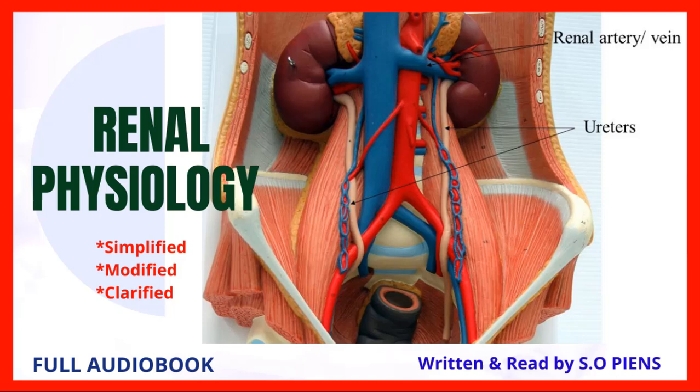Now, the regulation of tubular reabsorption. We have a number of factors that regulate tubular reabsorption. We have the glomerulotubular balance, which is that an increase in filtration causes an increase in reabsorption.